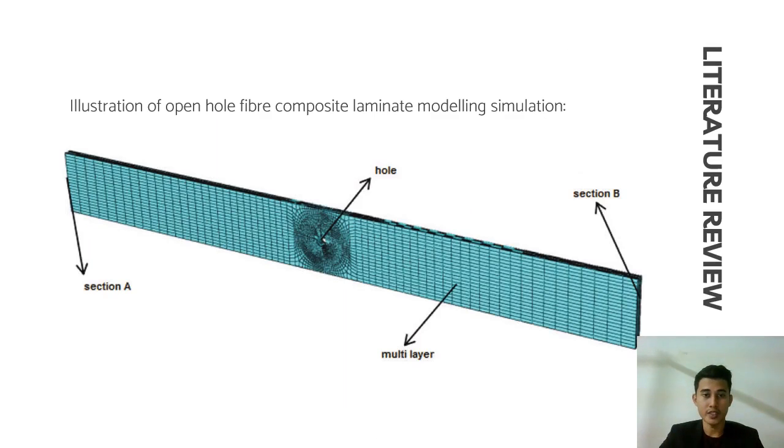This is one example illustration for meshing and modeling of open-hole fiber composite laminates, where the fiber stacking sequence can be decided or arranged, and the specimen follows ASTM, or the American Standard for Testing Method.